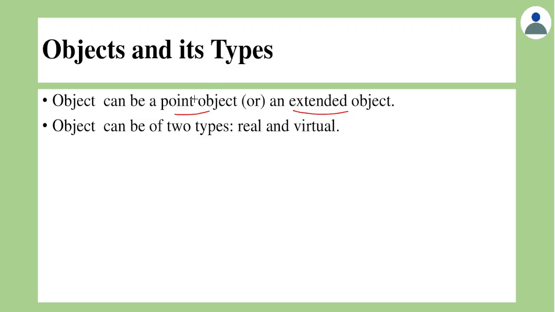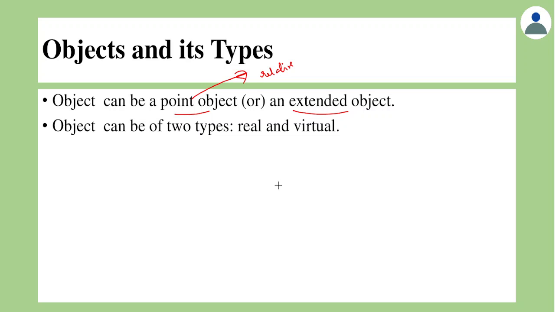Remember that the idea of a point is not the same as what we use in geometry. The idea of a point is different here. Here point is a relative term, which means we compare whether something is a point object or not based on the distances involved. So the object could be either a point object or an extended object.